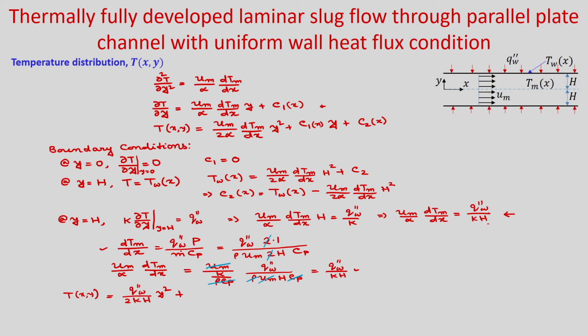C 2 is T w, which is a function of x, minus again u m by alpha dTm by dx, we will put q double prime w by twice k h into h square.